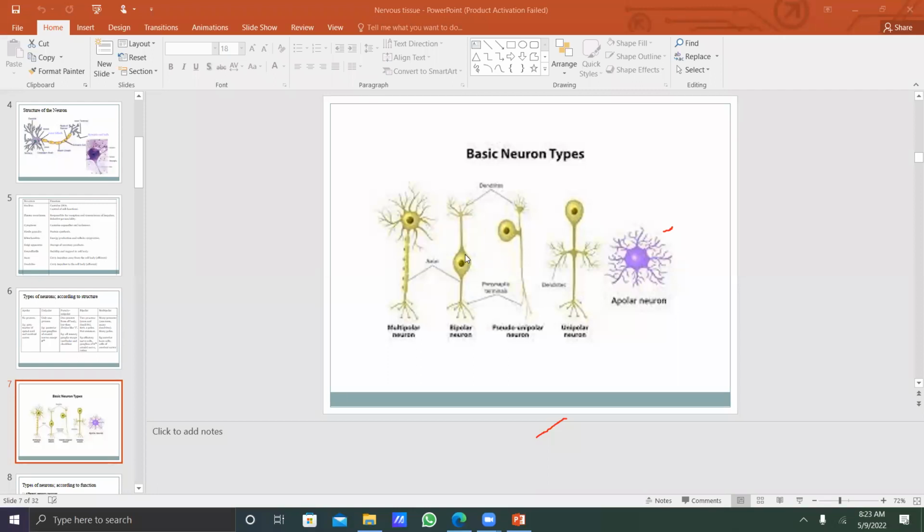In the bipolar neuron, there are two main processes. One is the axon and the other one is divided into the dendrites. In the multipolar neuron, there are several processes starting from the cell body. The large one is the axon and the shorter ones are the dendrites.